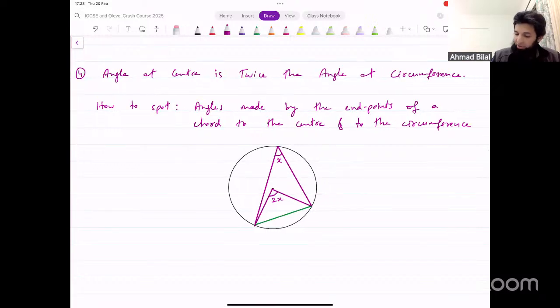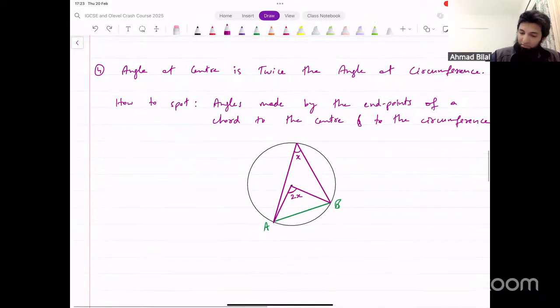So you have endpoints of the chord. Let's call this chord AB. So you have angles coming from A and B. One is at the center, another is at the circumference. The one at the center is going to be 2 times the one at the circumference. Okay. Now, if there was another one at the circumference, it might be like this.